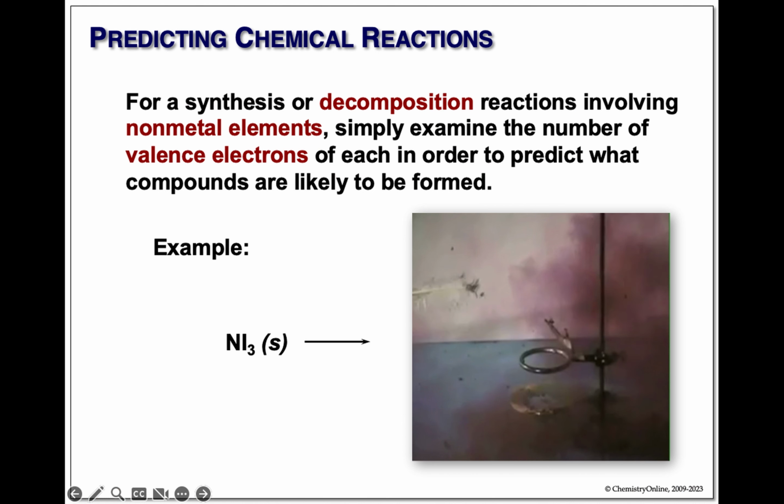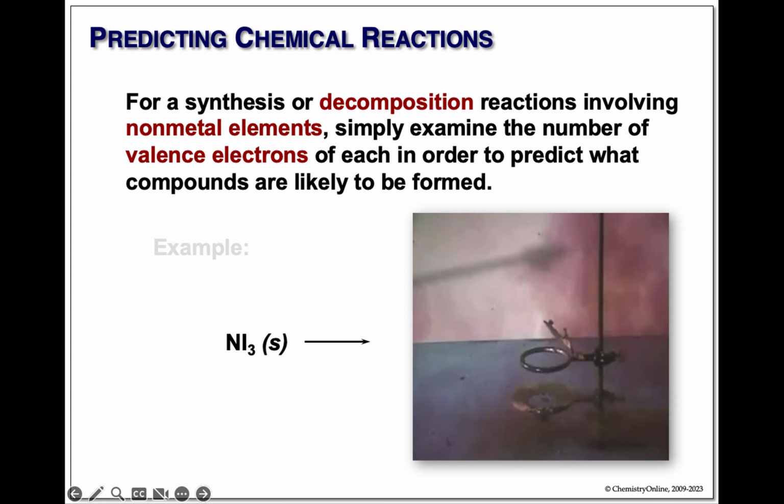Now, to try to figure out what's going on, you do the reaction, it's fun, and then you observe. What we observe here is this explosion and the formation of this big purple cloud. Well, what's purple? Iodine is purple.